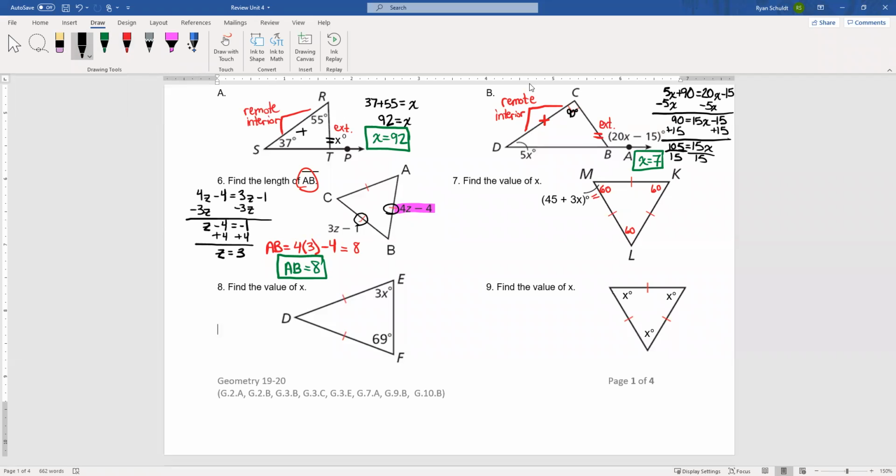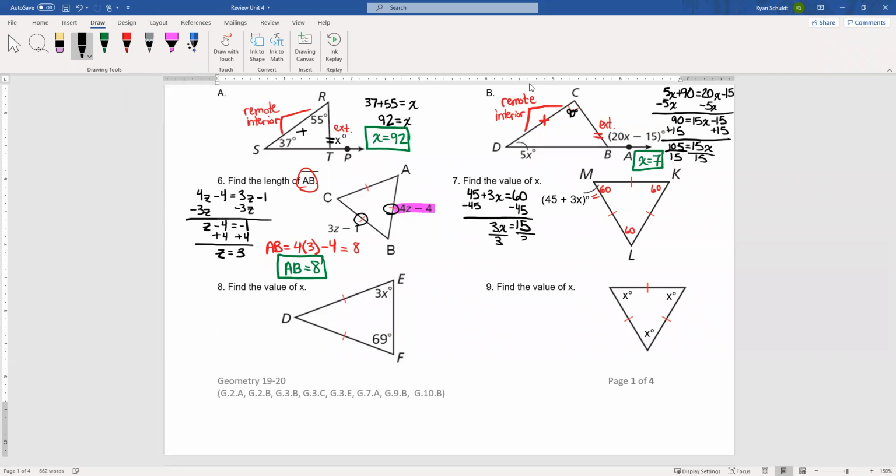So to get x, we can say 45 plus 3x equals 60. Then subtract 45 from both sides. It's going to get you 3x equals 15.